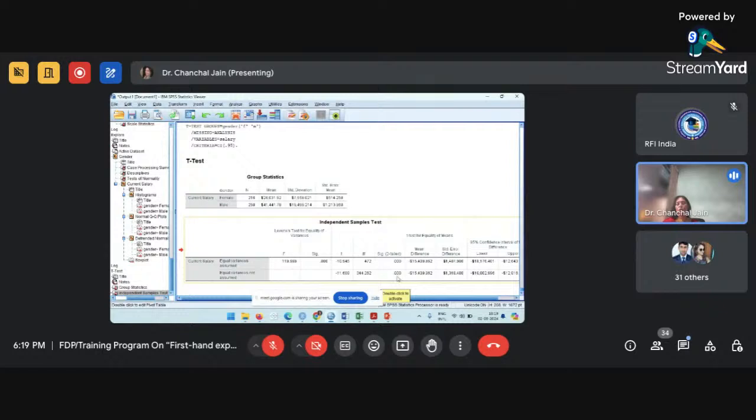So this 0.000 is less than 0.05 in the case of the t-test. So we are rejecting the null hypothesis of the t-test, and we are concluding that there is a significant difference in the mean salary of the male and female employees. Is it clear?